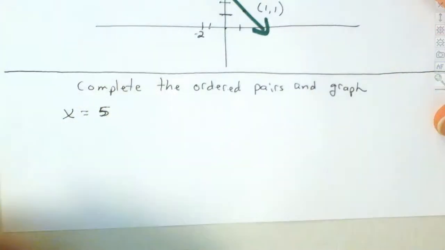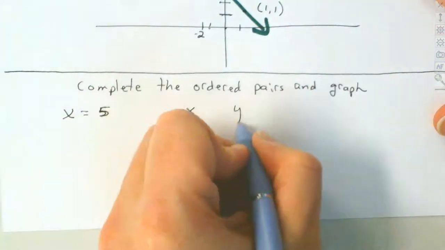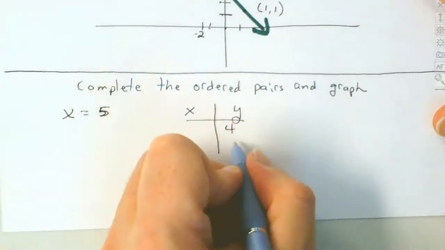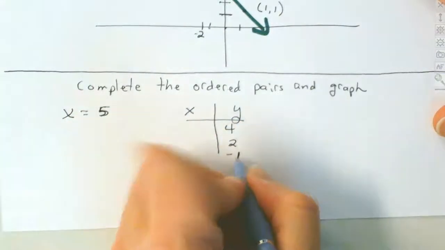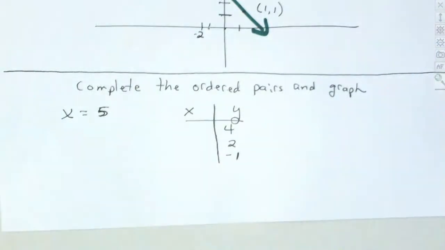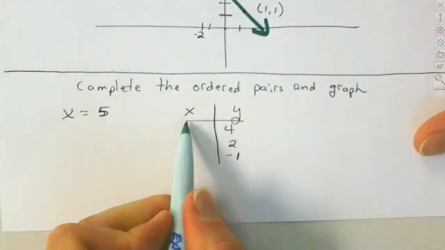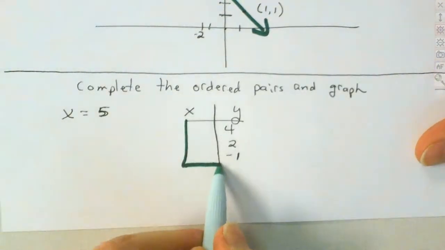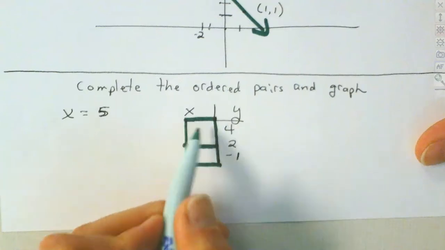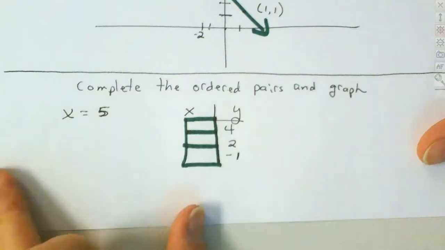Let's say x equals 5. So this one's going to be a little bit different from the others. The other two that we have done have been diagonal lines. This one is not. This one's going to be a vertical line.